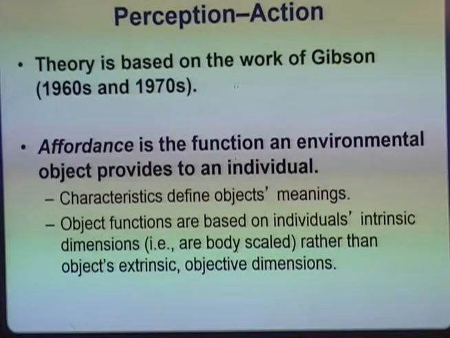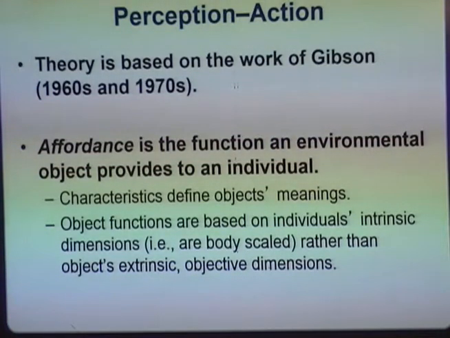So affordance is the term to describe the function that something in the environment provides to an individual. So if you walk into a weight room, what opportunity do you have to move given what you perceive in the weight room?